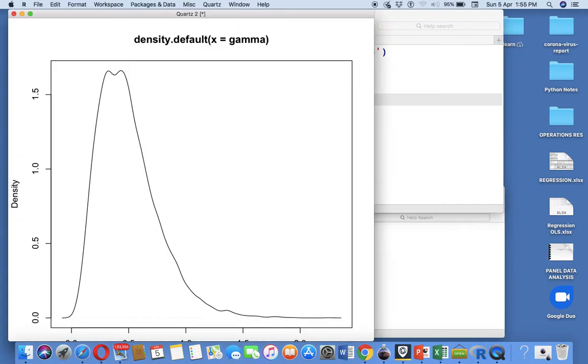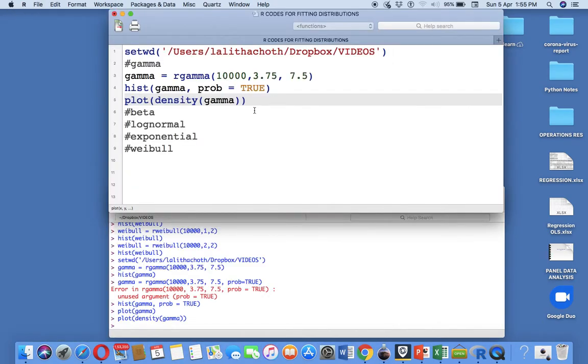So you get a smooth curve. You can see it's skewed to the right.